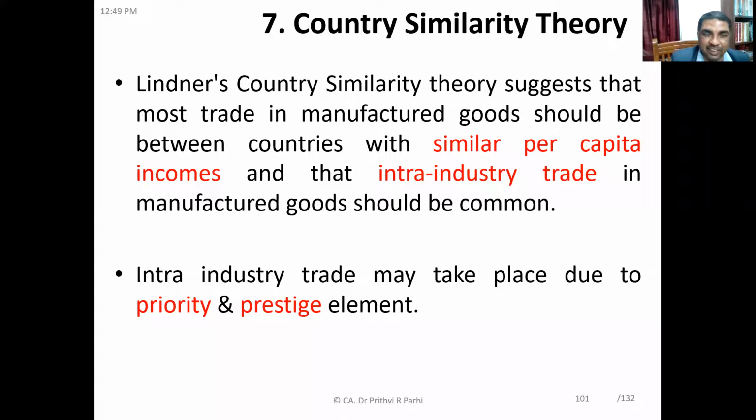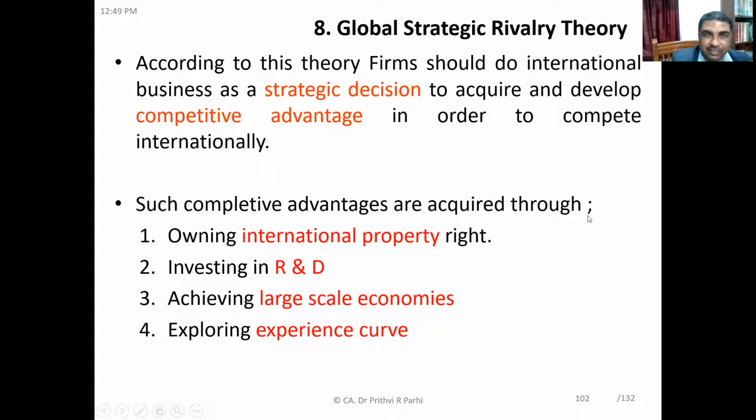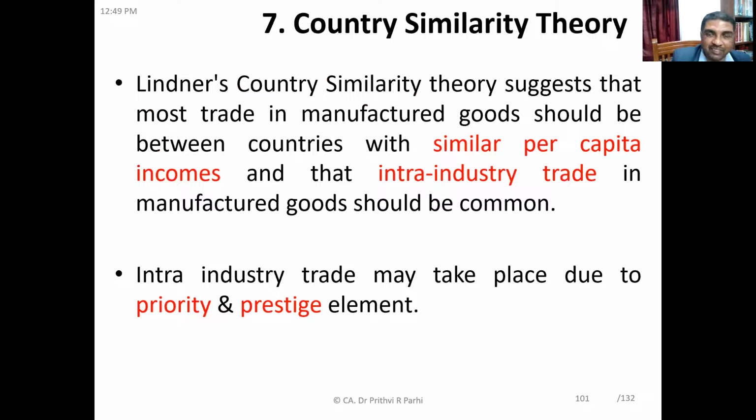So countries are the same, but international trade may take place due to a preference for foreign products or some prestige element. People may feel it is more prestigious to have a foreign product, even if it comes from an almost similar country. Understood this theory? Country similarity theory.